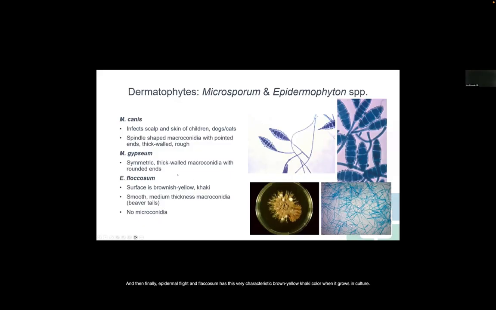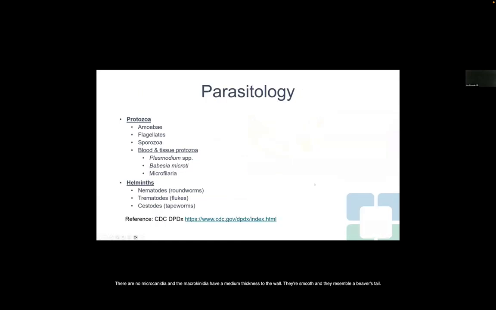And then finally, Epidermophyton floccosum has this very characteristic brown, yellow, khaki color when it grows in culture. There are no microconidia, and the macroconidia have a medium thickness to the wall. They're smooth and they resemble a beaver's tail.